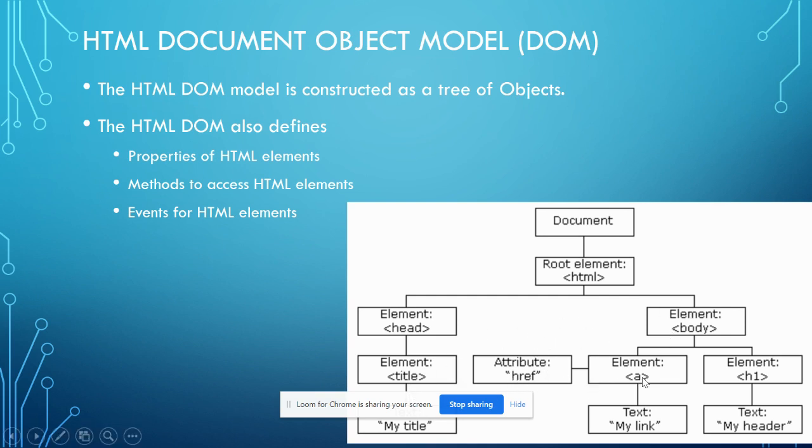Okay, you might have some links, an H1 element. So it just shows you what is inside of what, and what things are on the same level. The HTML DOM also defines the properties of the elements, the methods to access them, and the events.